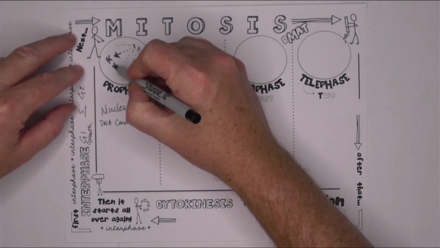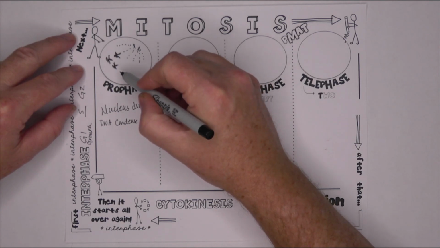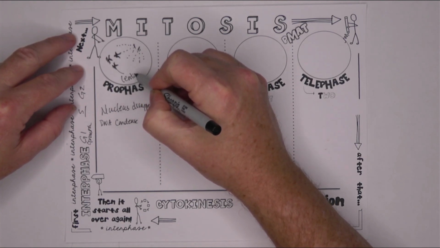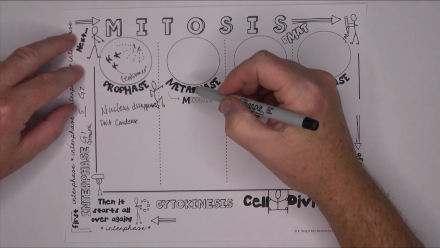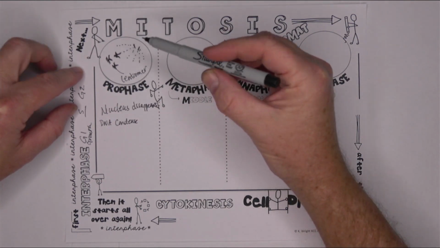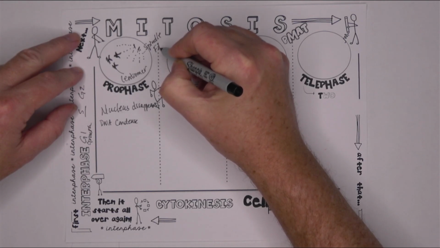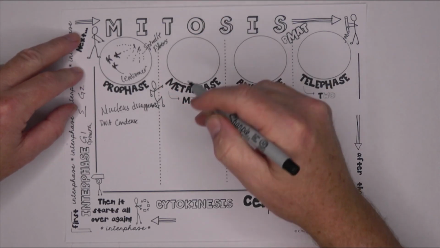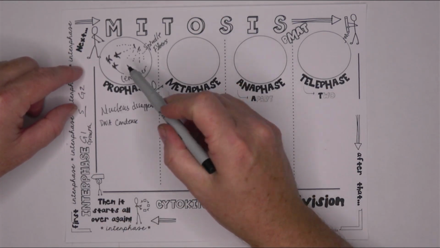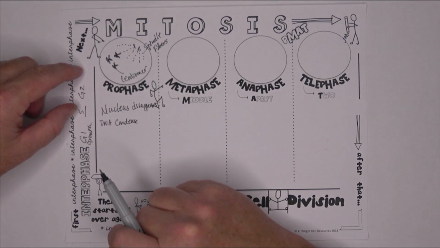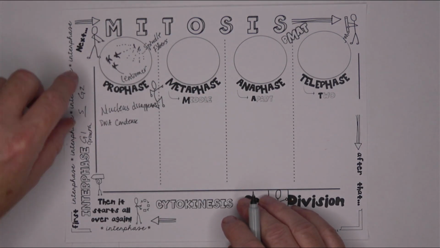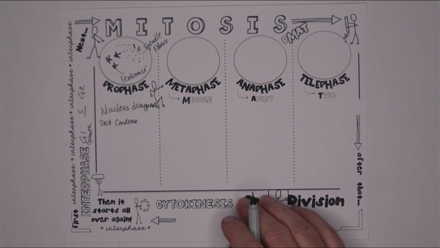Each of these chromosomes has what's called a centromere. As the spindle fibers grow, they run in and attach to these centromeres. And that's what's occurring in prophase.